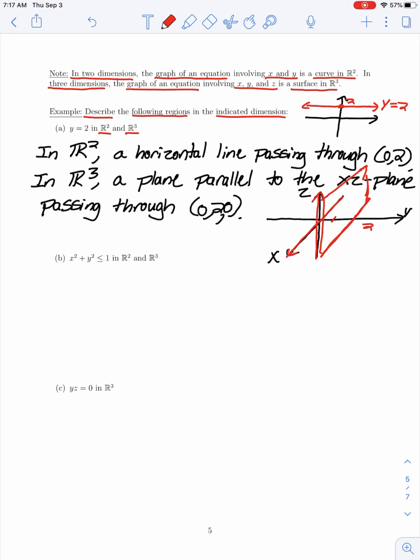In part B, we have an inequality. X squared plus y squared is less than or equal to 1, and we want to know what that represents both in R2 and in R3. So let's start with in the plane. In R2, this inequality represents a circular disk centered at the origin, 0, 0, of radius 1.